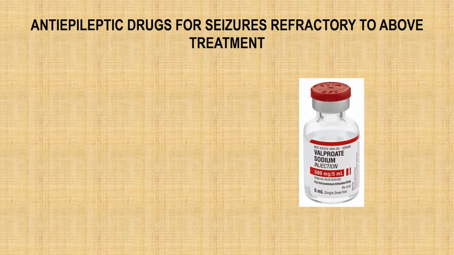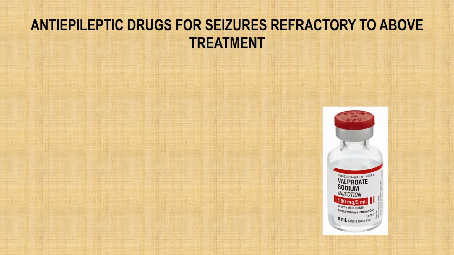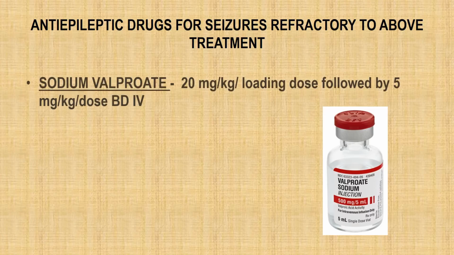If seizures are still refractory to the above treatment, we can try sodium valproate injection, in which 100 mg per ml concentration is available. The loading dose of valproate is 20 mg per kilogram. It should be followed by 5 mg per kilogram per dose divided BD IV.